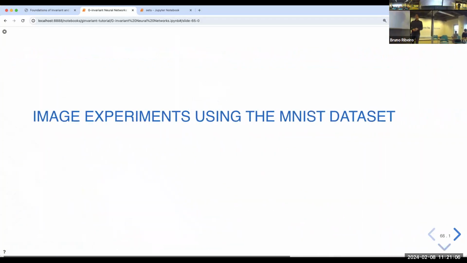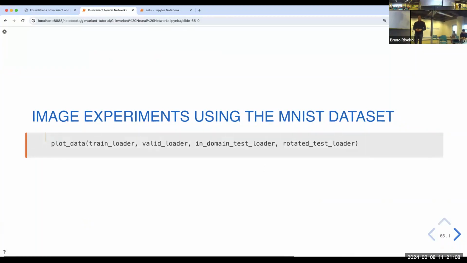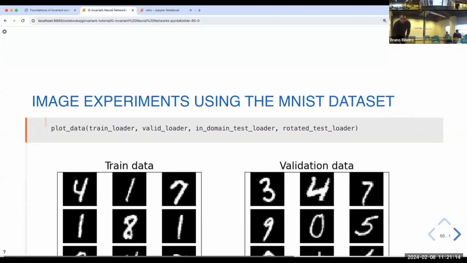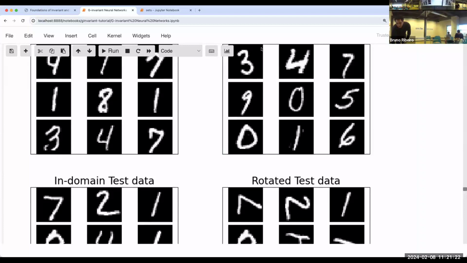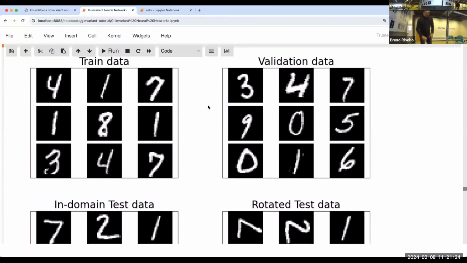Okay. So let's do some experiments on MNIST. I know it's not super exciting, but it's what my laptop can run. My laptop is so slow that we're going to take questions after I start running it. So this is my training data.